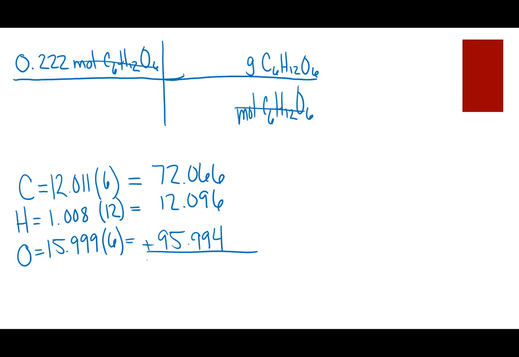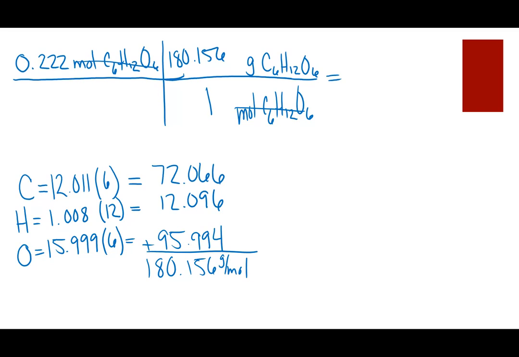And the molar mass for glucose is 180.156 grams per mole. So in other words, in 1 mole of glucose, there is 180.156 grams. Multiply across the top, divide by the bottom.